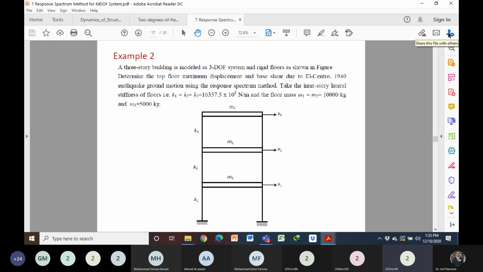Take the interstory lateral stiffness of floor k1 equal to k2 equal to k3 equal to 16357.5 into 10 to the power 3 Newton per meter, and the floor mass m1 equal to m2 equal to 10,000 kg and mass 3 is equal to 5,000 kg.